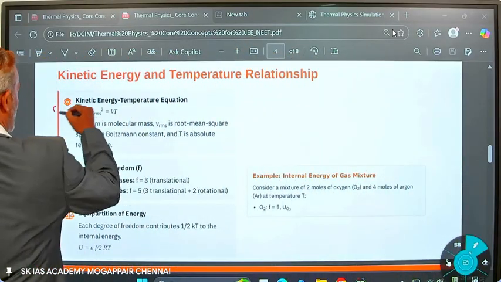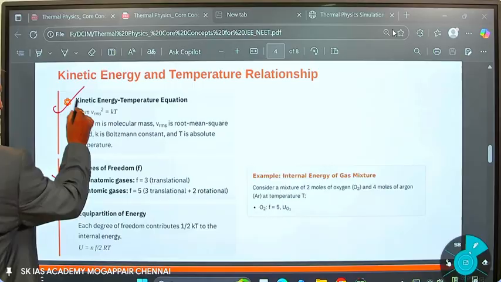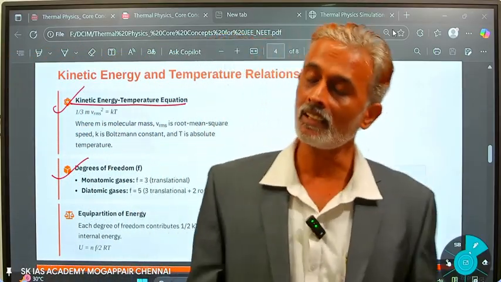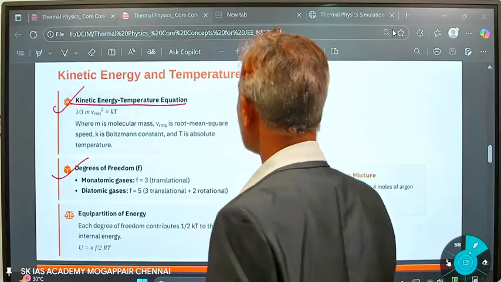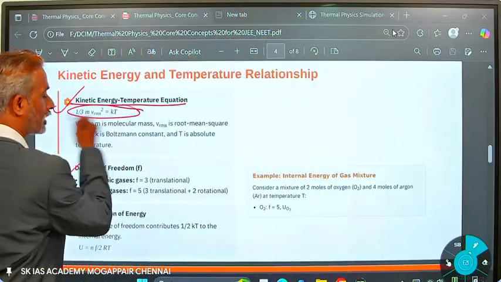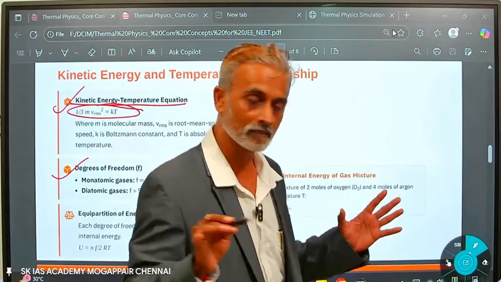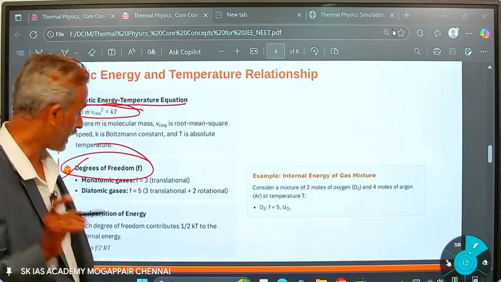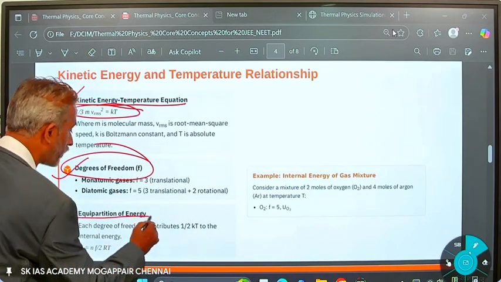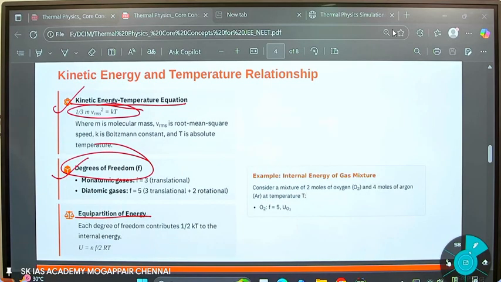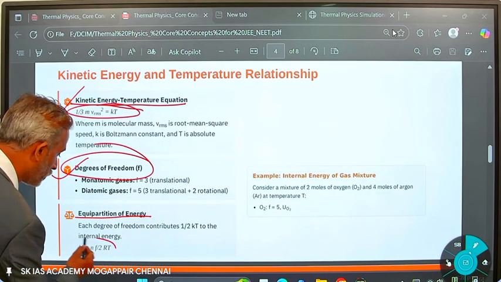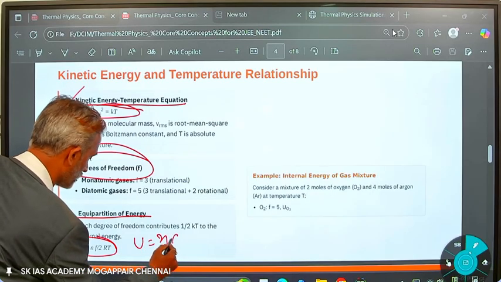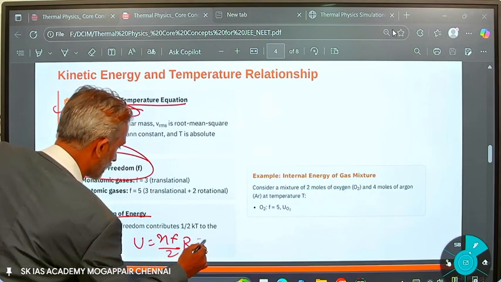So you understand these concepts. First, the kinetic energy temperature equation. Second, degree of freedom. Third, equipartition of energy: U is equal to nF by 2 RT.